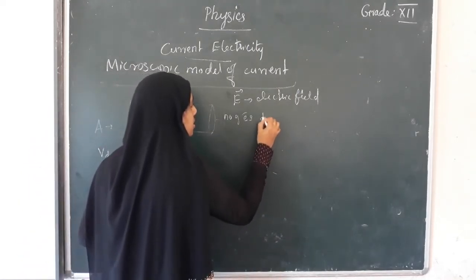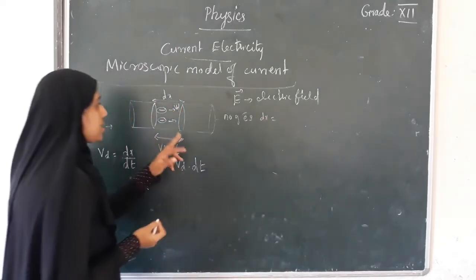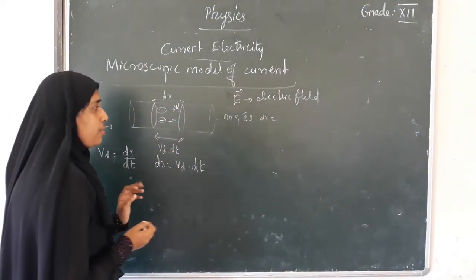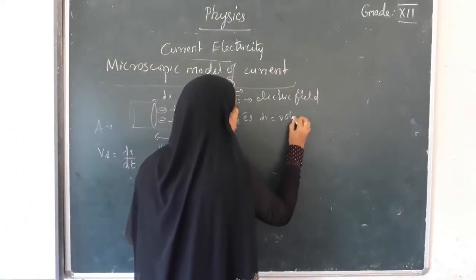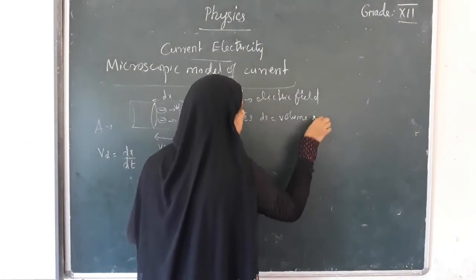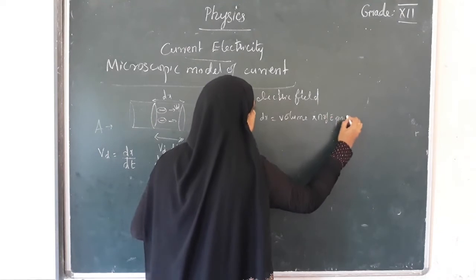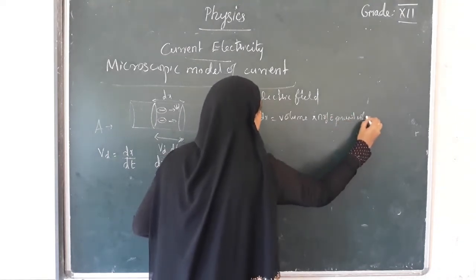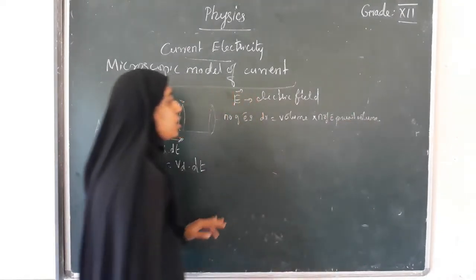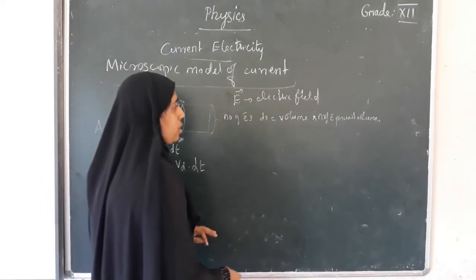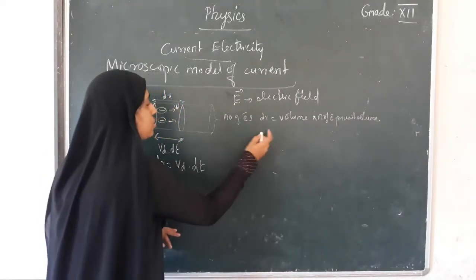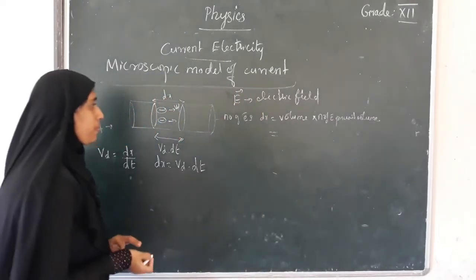In the distance dx, how many electrons are available? We can write volume into number of electrons per unit volume. What is volume?